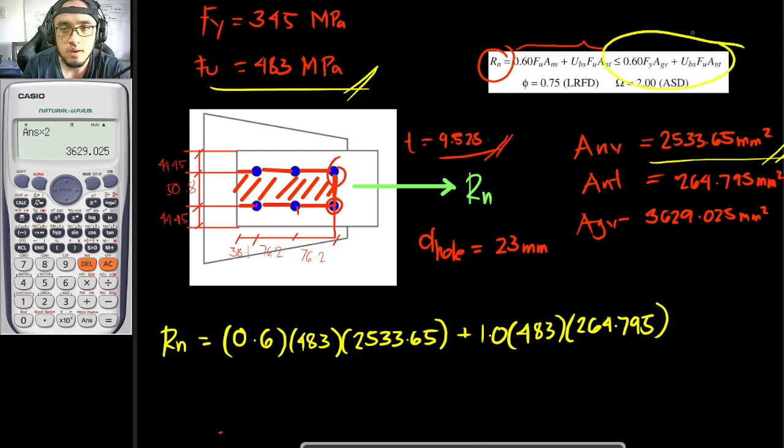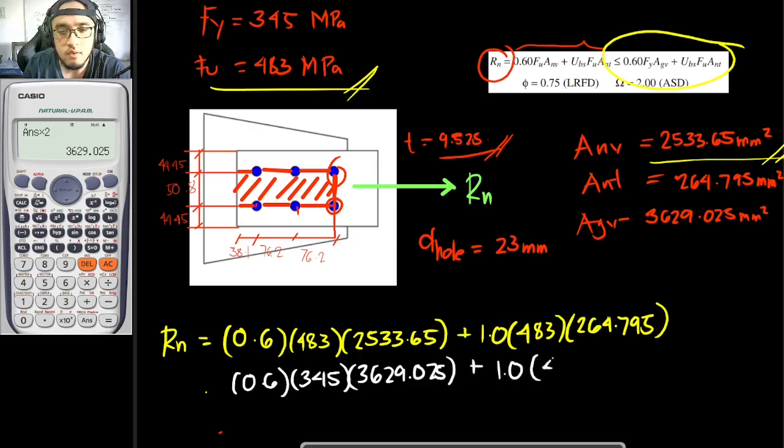Let's compare it with 0.6 times FY, and our FY is 345, and our AGV is equal to 3629.025 plus 1.0 times 483 times 264.795.